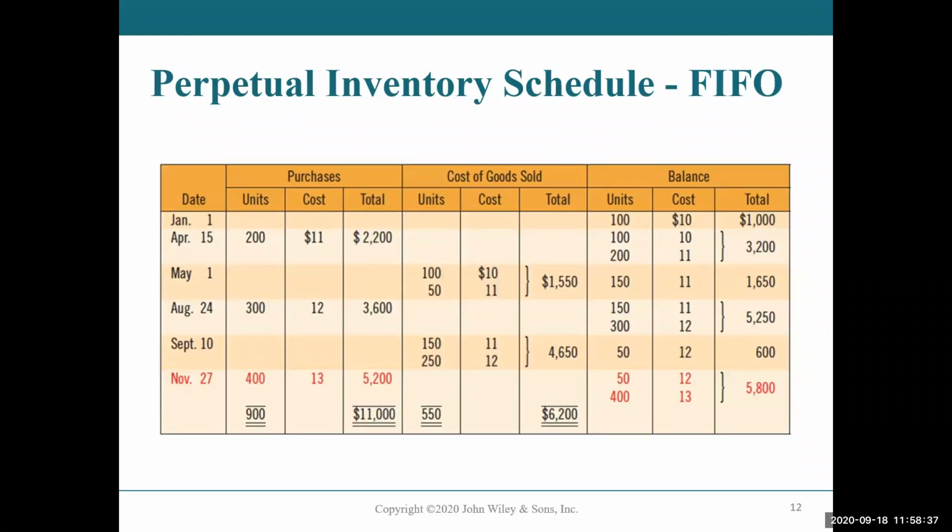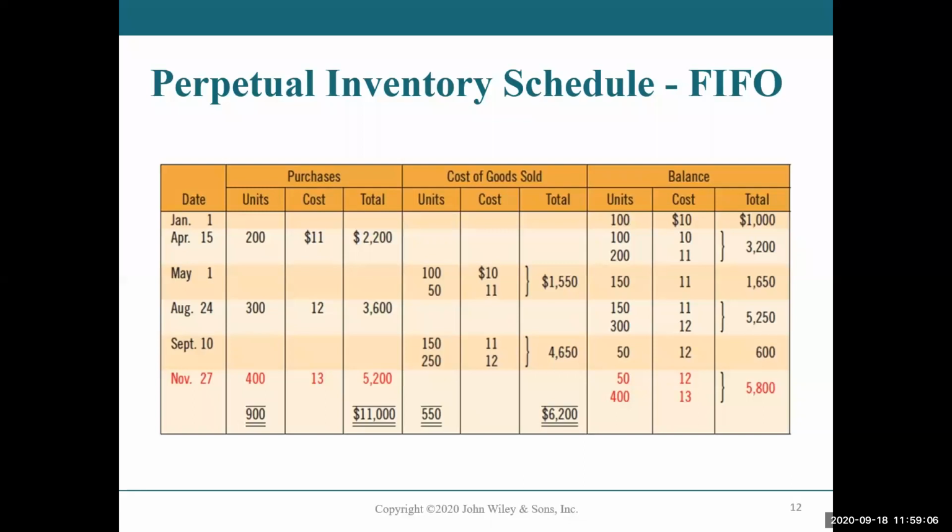We are not going to club them together. On May the 1st, the company is selling 150 units. But the way those 150 units are allocated, because we are using the first in, first out assumption, that means the first 100 units are going to come out of that January 1st units, which were at a $10 cost. The other 50 units will come out of the April 15th purchase, which was at a $11 cost.